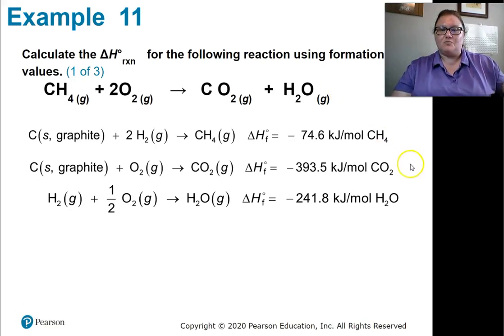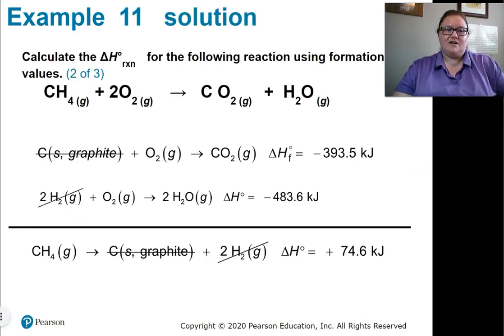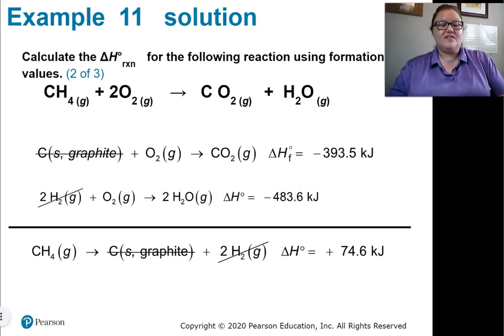And so each of those partial steps here have their own delta H standard of formation. And so if we want to calculate for the reaction, what we're going to need to do is what we did for the previous example.